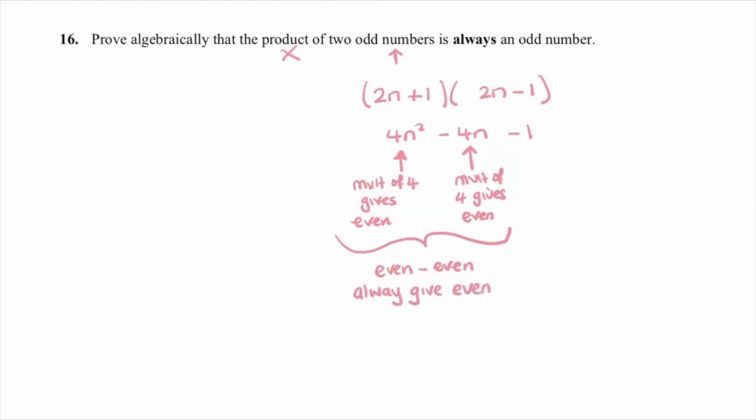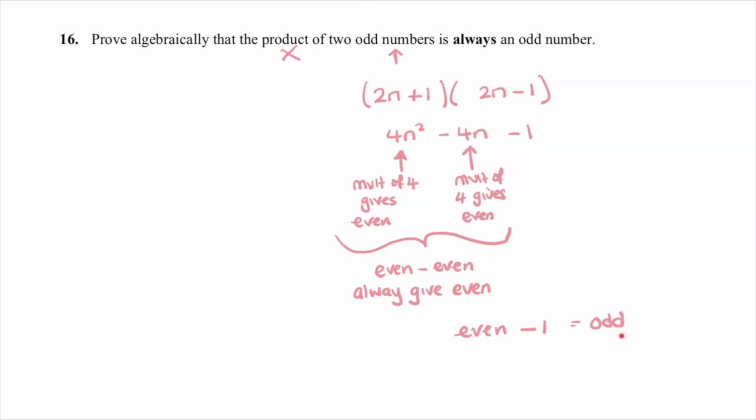Always gives even. We've then got a minus 1 on the end. So I've got even at this stage, and then I've just got a minus 1. Well, that is going to equal odd. So I've used my algebra and I've explained my algebra to make sure I've communicated clearly how I've proven it will always be odd.